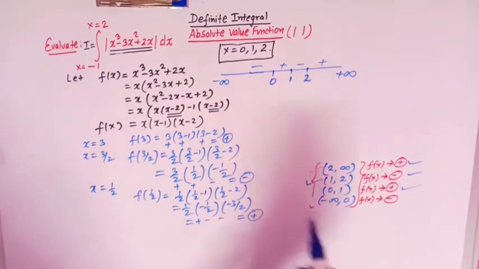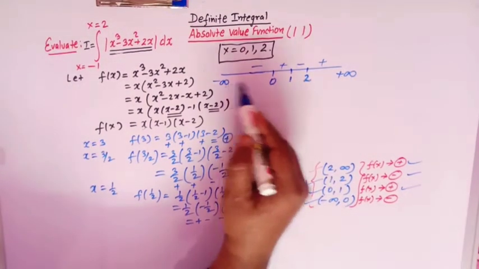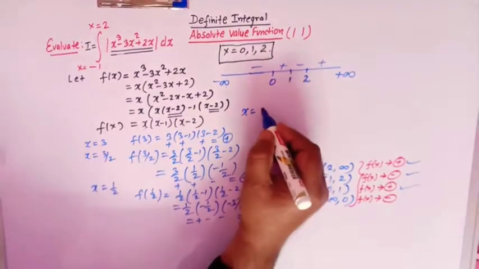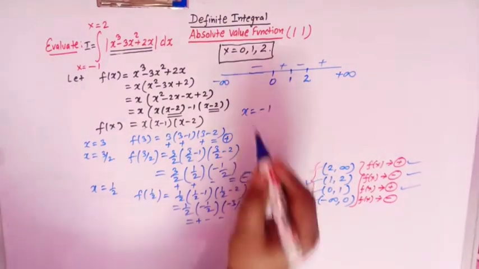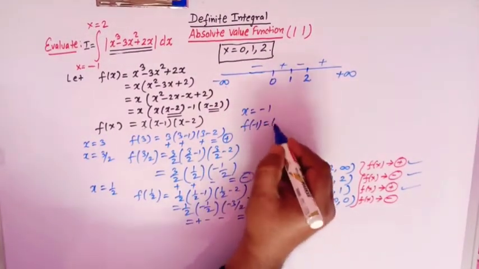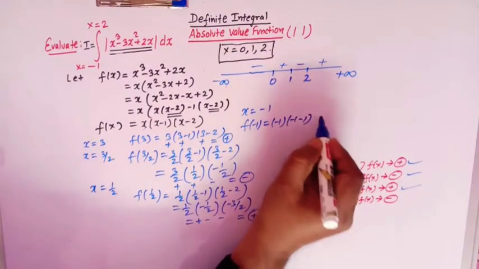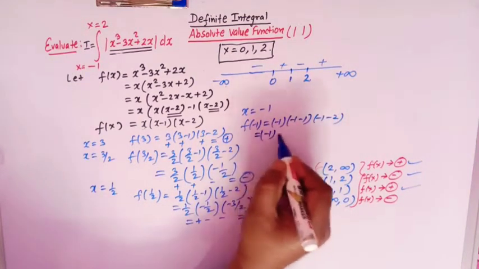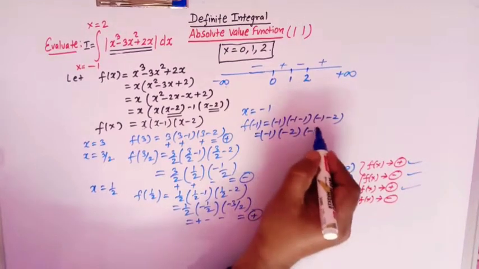And let us take the fourth one. Here we have minus infinity to 0. So let us take, say, x is equal to minus 1, right? So here f of minus 1 is equal to minus 1, and then we have minus 1 minus 1, then minus 1 minus 2. So here we have minus 1, here we have minus 2, and here we have minus 3.